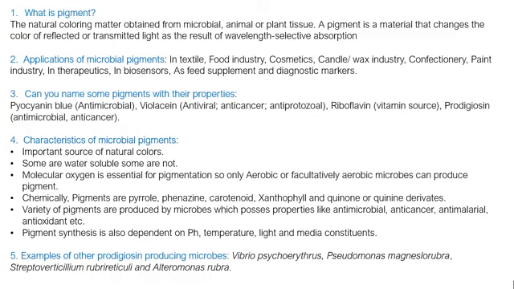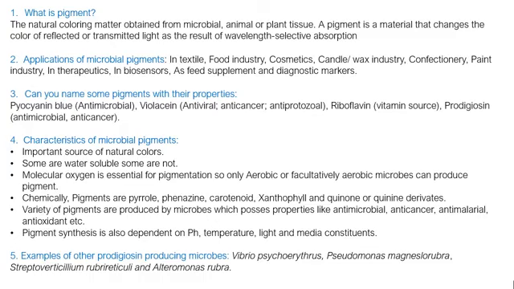Then characteristics of microbial pigments. So microbial pigments are important source of natural colors. Okay, so this is very important that these pigments are not synthetic, they are natural source, so they don't have negative effects on environment or humans. Okay, so some are water soluble and some are not. Then molecular oxygen is essential for pigmentation, so only aerobic or facultatively aerobic microbes can produce pigments.